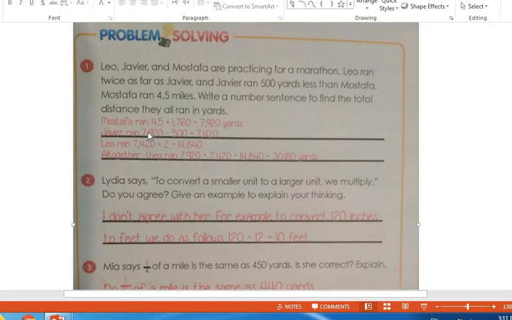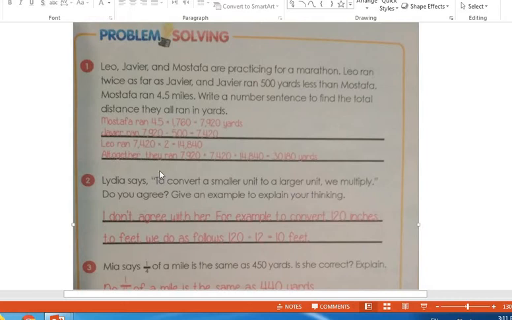This is what Mustafa ran, 7,920 minus 500 will give me what Javier ran. So if I say I ran 5 miles and my friend ran 2 miles less than me, so my friend ran 5 minus 2 equals 3 miles.